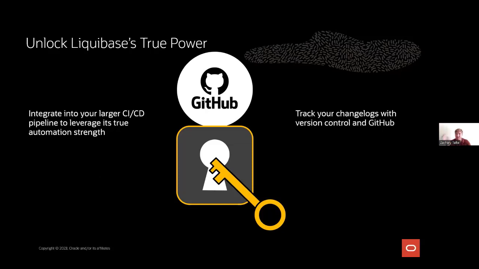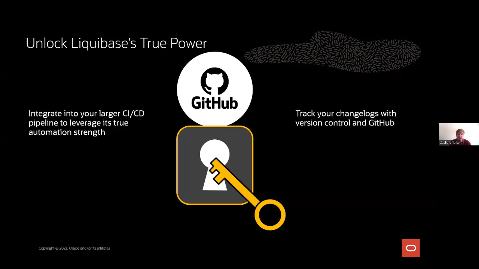With the way that Liquibase files are set up, when you capture your database object, say if you're in schema A and you capture the object into a file called a changelog, and you want to deploy that to another schema, all it does is write the changelog file to your current working directory. So it's super easy for you to track your changelogs with version control and GitHub.